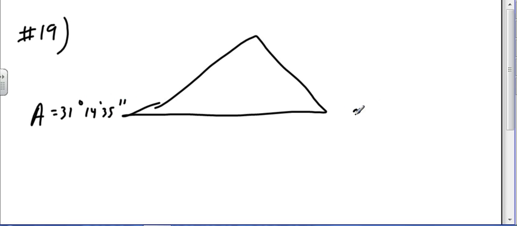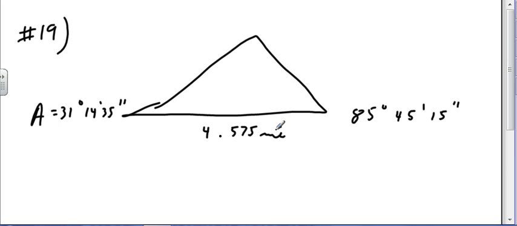And B is 85 degrees, 45 minutes, 15 seconds. And little c is 4.575 miles. Only a surveyor would like these answers.